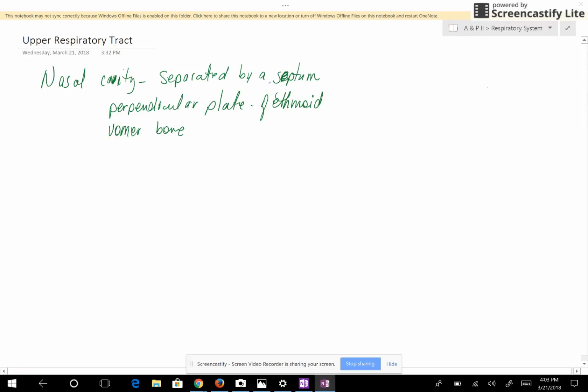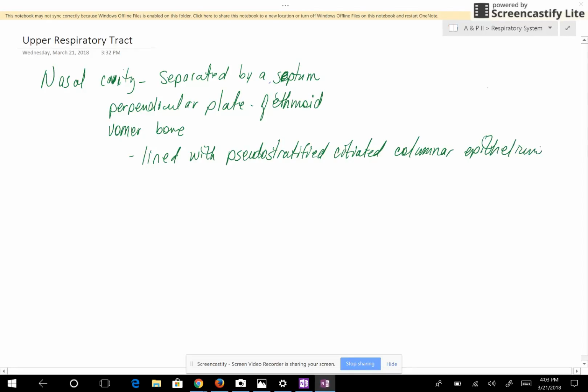The nasal cavity is also going to be lined with pseudostratified ciliated columnar epithelium. In that epithelium, you also have goblet cells. Goblet cells are going to secrete mucus.